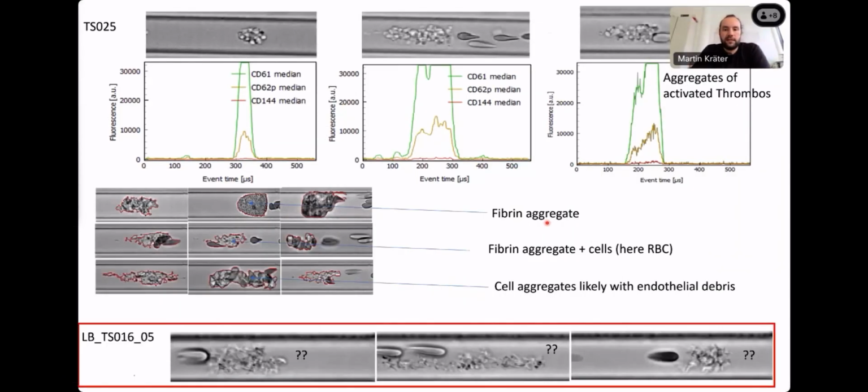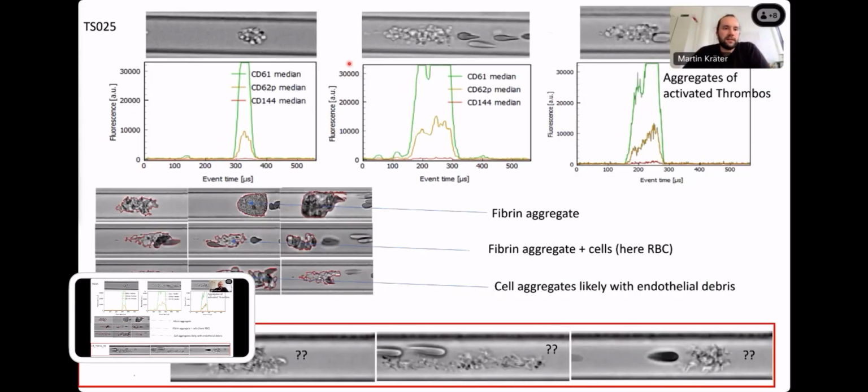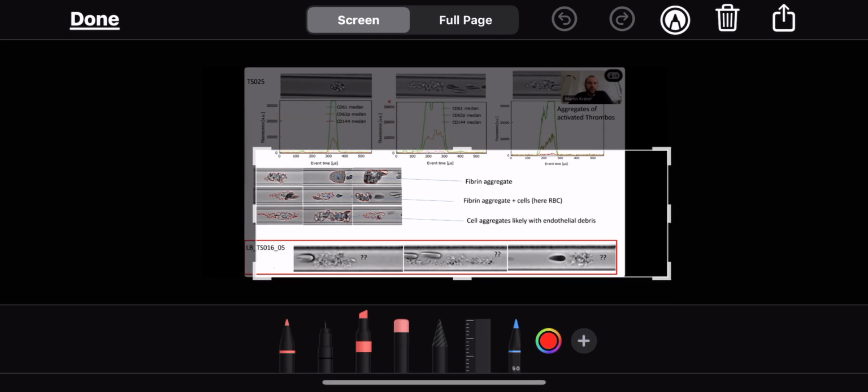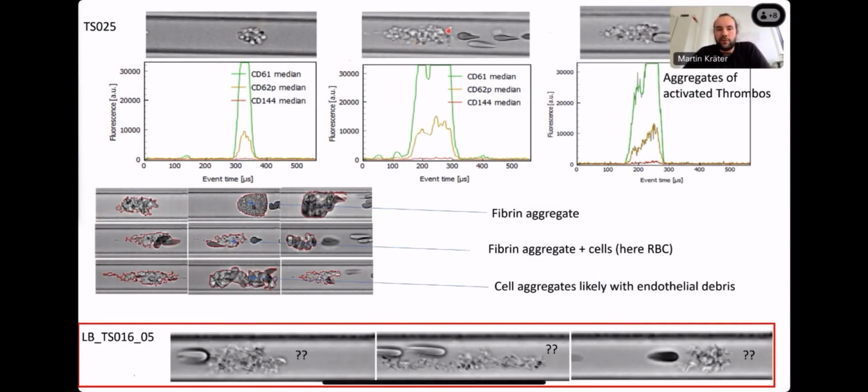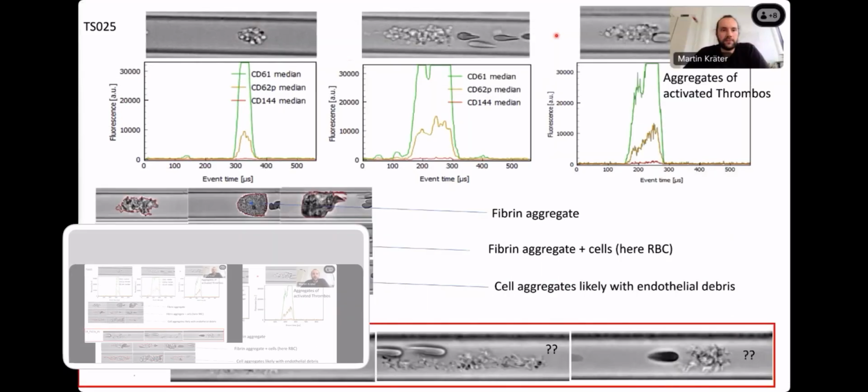At the moment, I'm not going to show you the results of what we have seen in the patients for the lymphocytes and leukocytes, but I want to emphasize the clot detection a bit more. I think it's a very, very interesting topic and something which a lot of patients have in common. We wondered whether these aggregates are, for example, really thrombocyte aggregates.